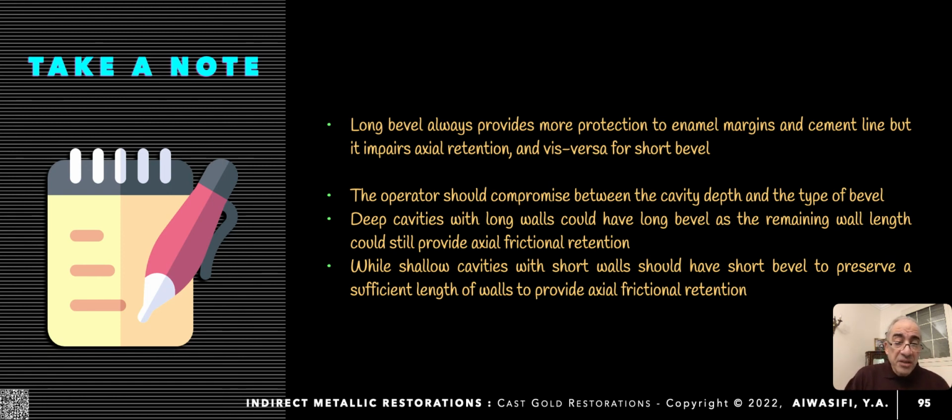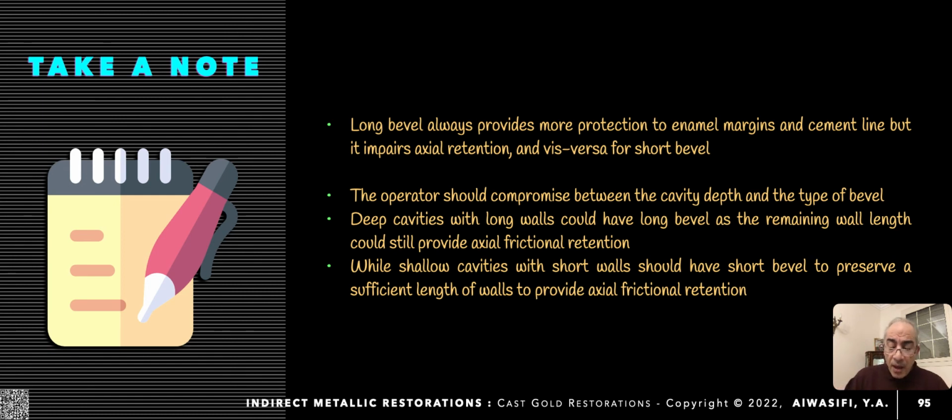If your cavity is a deep one due to caries, then you still have a sufficient wall length that allows you to go for a long bevel and you are satisfied by your length. In shallow areas, you could change from long bevel to short bevel, and it will also provide you with sufficient length of the walls.